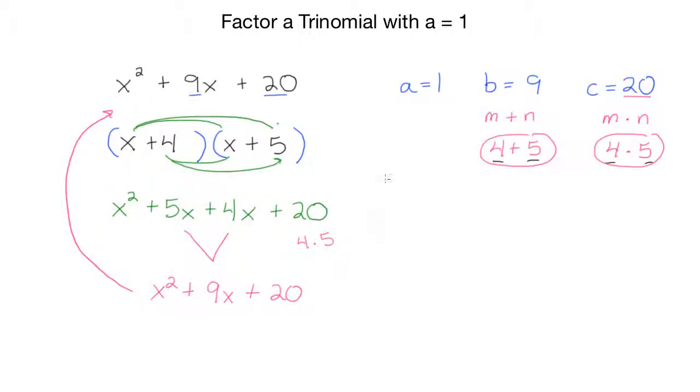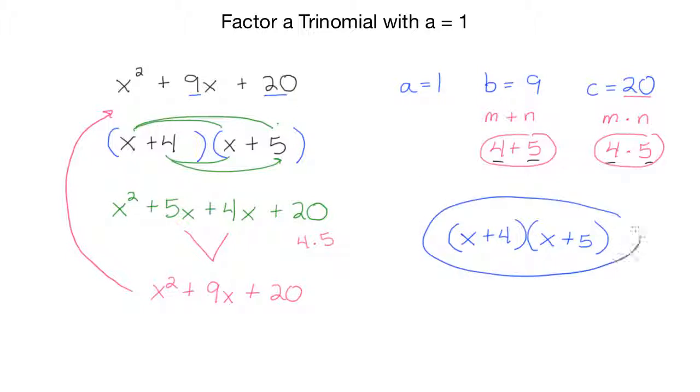So for the final solution, if I take this trinomial x squared plus 9x plus 20, it factors into x plus 4 times x plus 5. And that is the factored form. There's two things multiplied together, two smaller binomials that multiply together to equal that trinomial. All right, hopefully that was a helpful example for you as you're developing your own ability to factor trinomials.